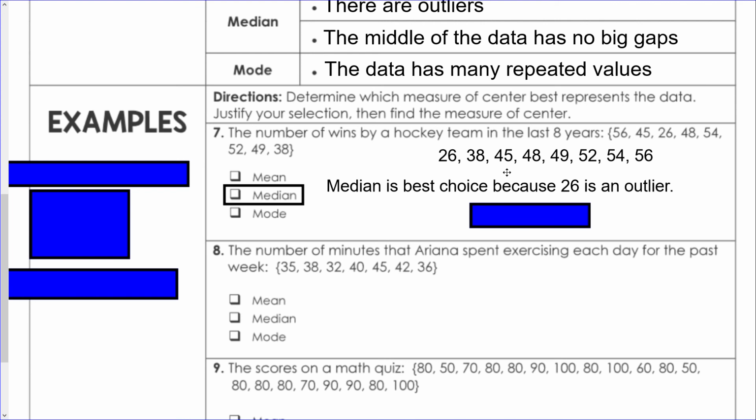Now, 26 is an outlier, but you do still need to include it when you're calculating the median. You don't just get to chop it off and ignore it.